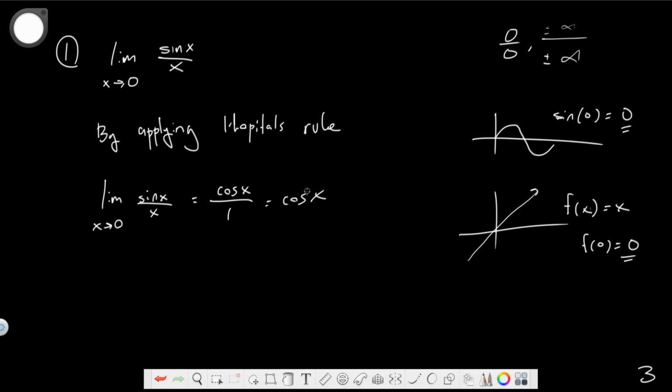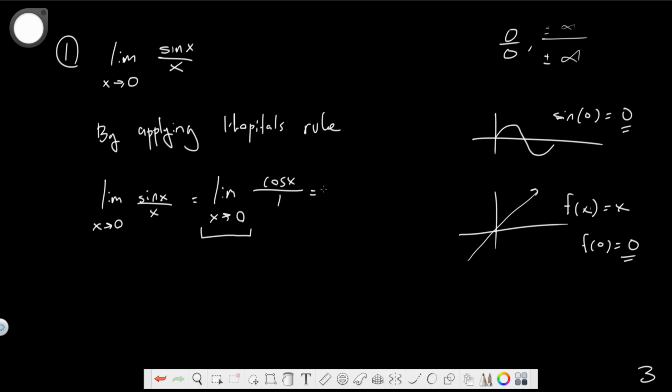I have made a huge error, and I'm actually glad I did so that I can tell you not to do this. The limit as x approaches 0 of sine x over x does not equal cosine x over 1. But you just apply the rule. No. The limit of sine x over x as x approaches 0 is equal to the limit of cosine x over 1 as x approaches 0. I need this limit. Do not drop that limit. You are writing inaccuracies, and we want to pay attention to the details. Details are very important to us.